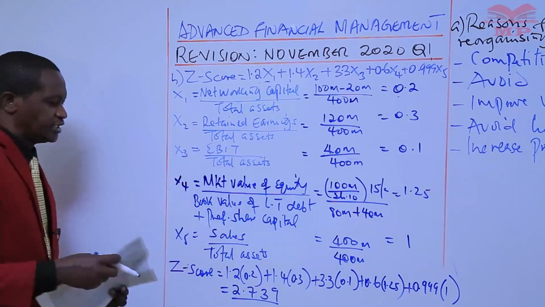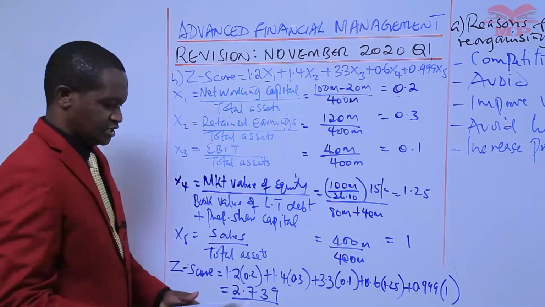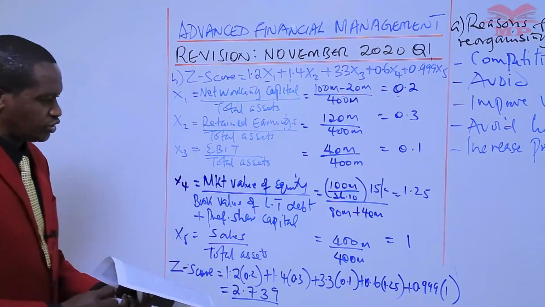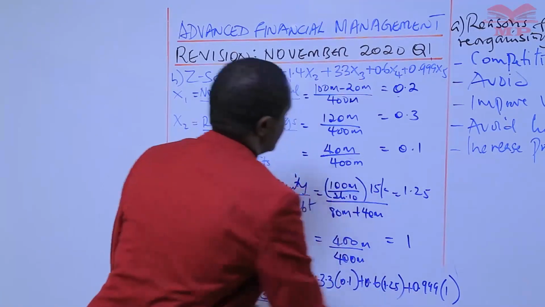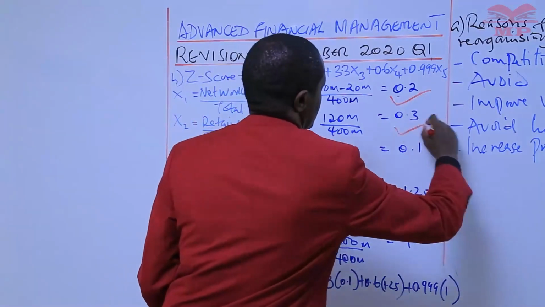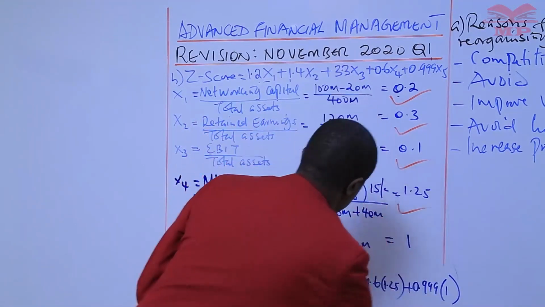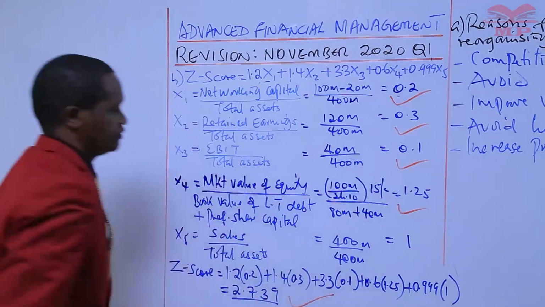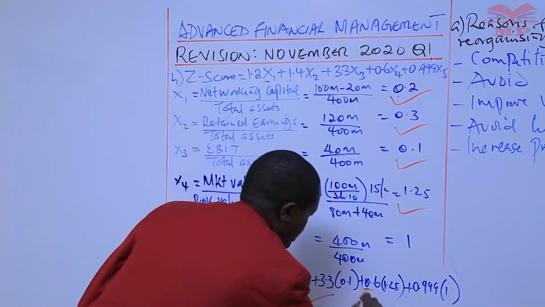So candidates, that is the answer to Roman 1, 5 marks.